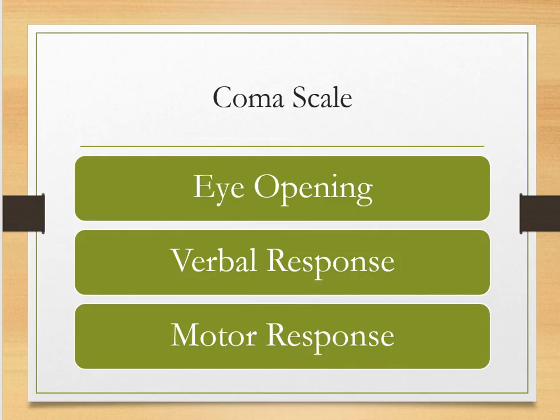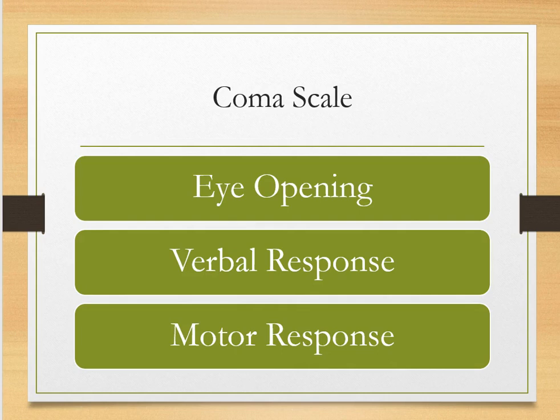Next up, we have our Coma Scale codes, R40.2. These codes can be used in conjunction with our traumatic brain injury codes, acute cerebrovascular disease, or the sequela of a cerebrovascular disease.